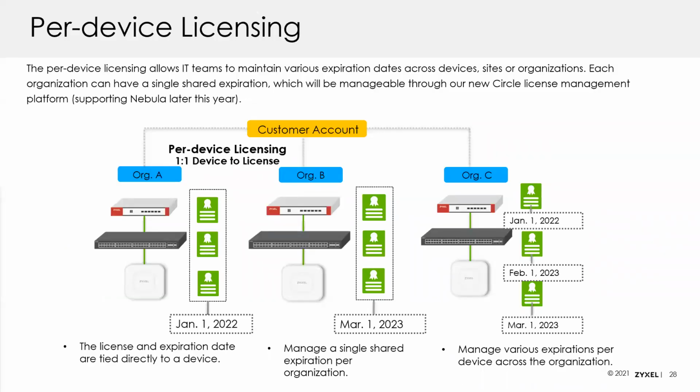So the way Nebula licensing works is we split up your customers essentially into orgs and sites. So what we would call in Nebula an organization is a different customer for you, and then you would have sites under those. So with Nebula licensing, every device in an organization needs to have an active license to use Plus or Pro Pack.